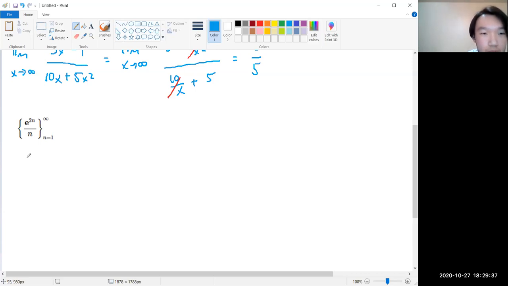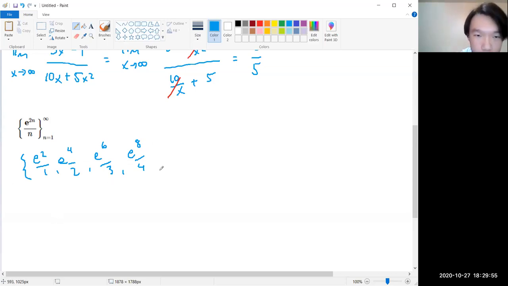If we were to list out the numbers in the sequence, it would be e squared over 1, and then e to the 4th over 2, and then e to the 6th over 3, e to the 8th over 4. Okay, so those are the numbers in the sequence, and so on and so on. Just from writing it out, can you guys see what might be the answer?